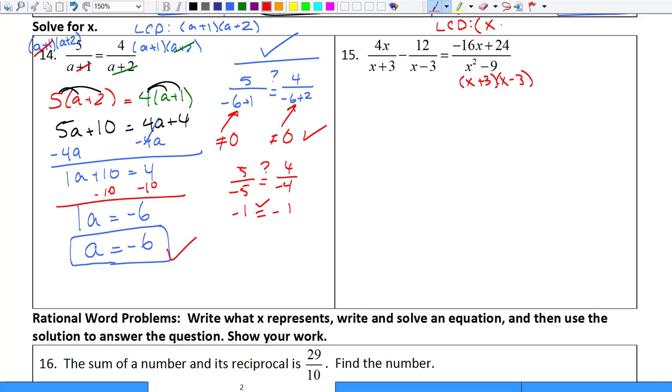So the least common denominator is simply x plus 3, x minus 3. So I am going to not be lazy and write that out on every single numerator. I'm going to try to squeeze it in here. So x plus 3 times x minus 3 on every single numerator. Don't be lazy, write it out.